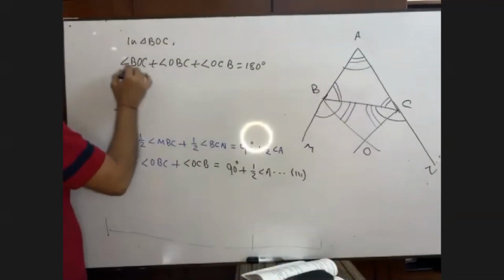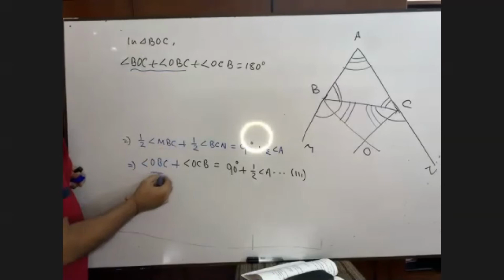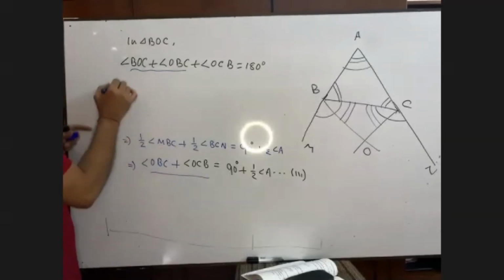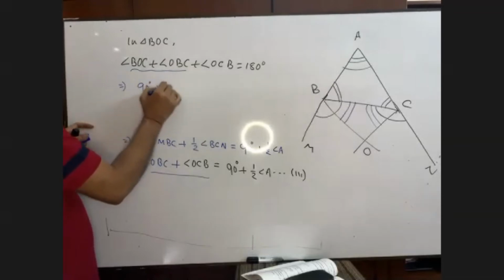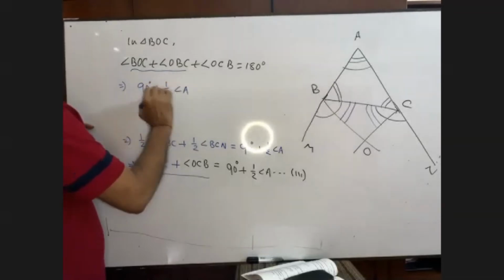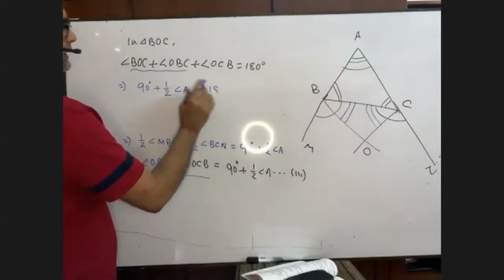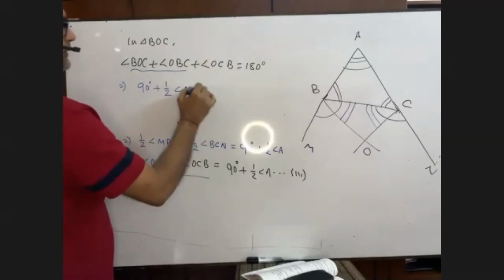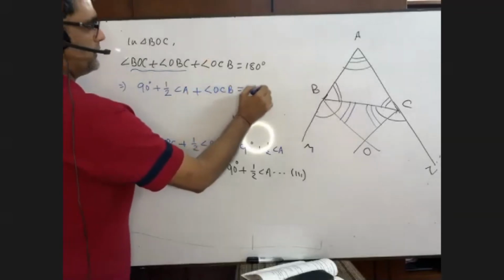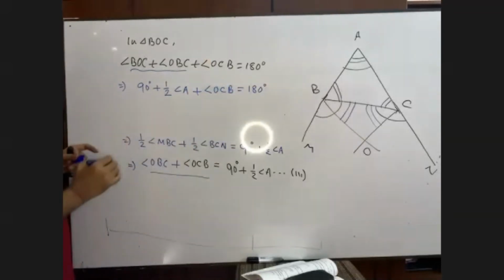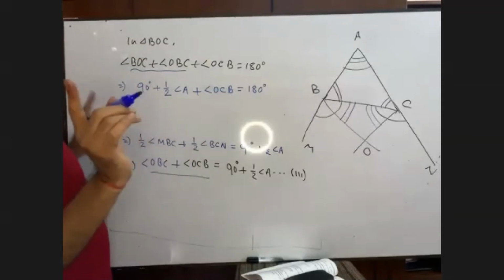In equation 3, we are getting 90 degrees plus half A. I am sorry, I am mistaken here.